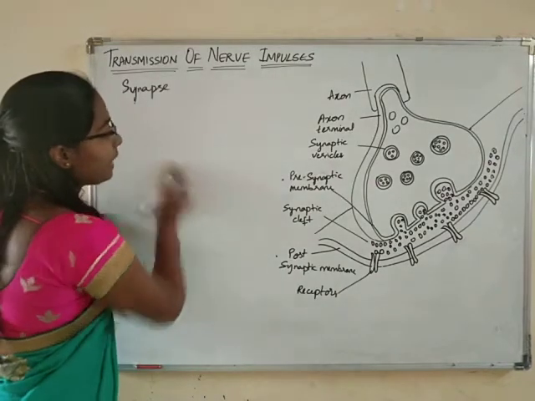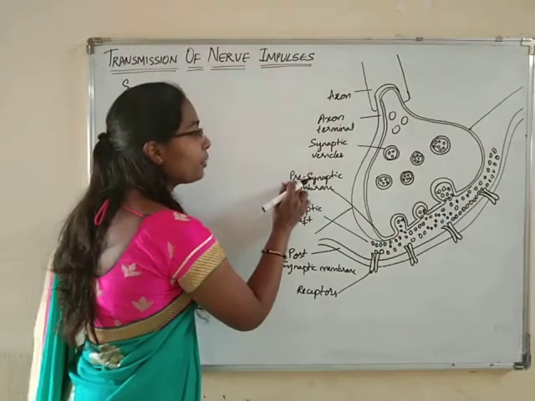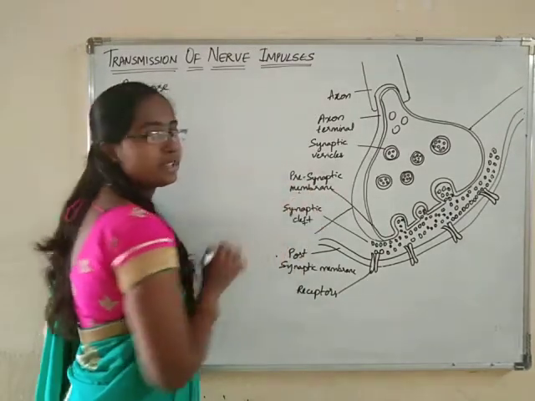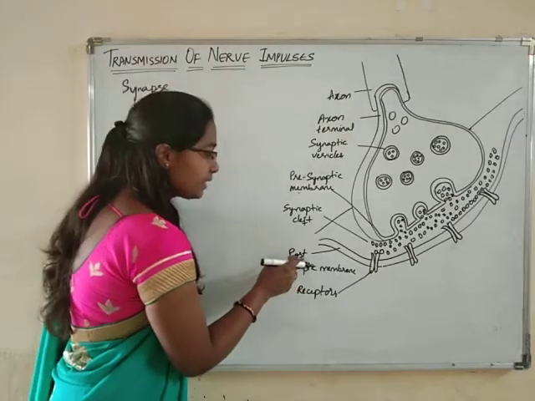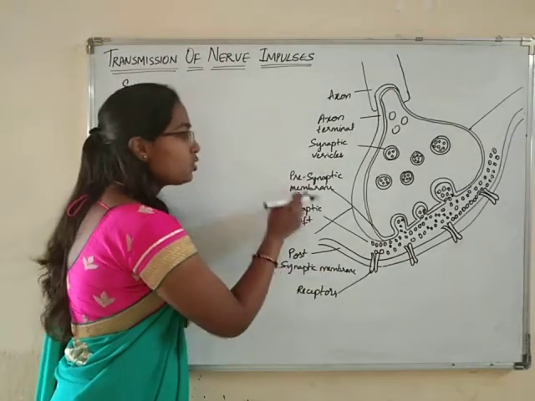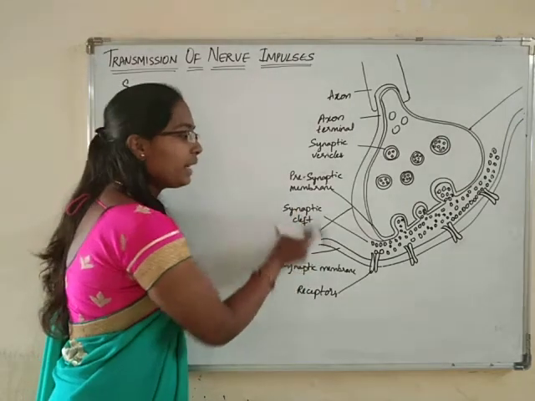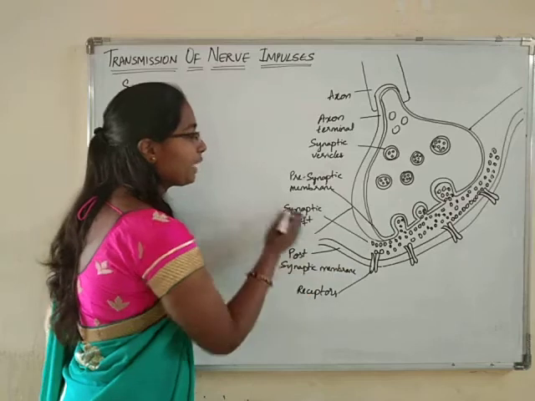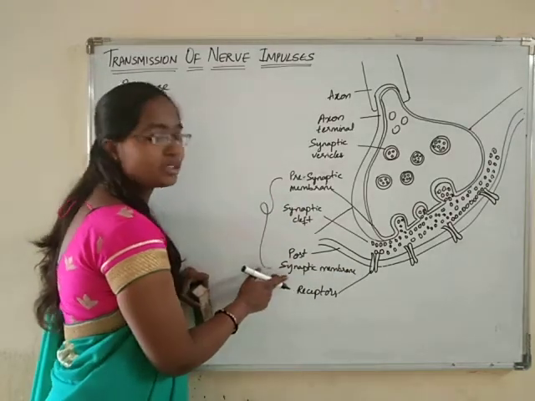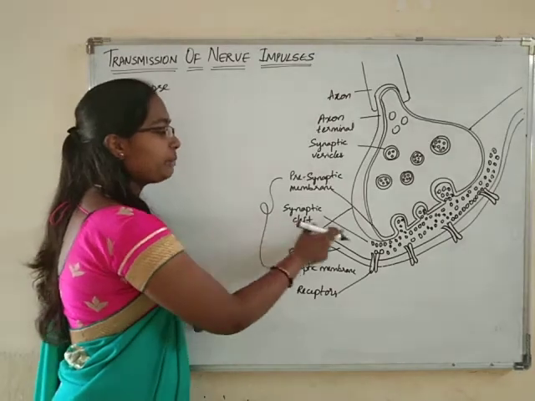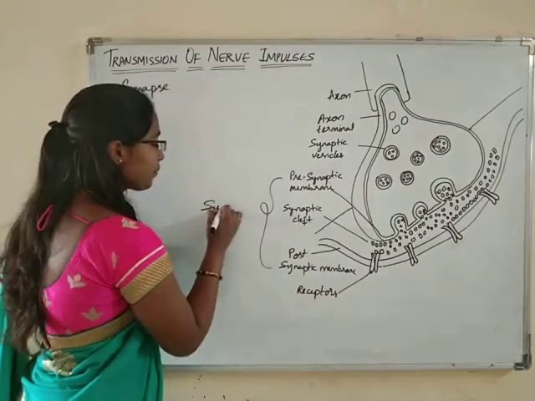Once again, coming back to the concept of synapse: a synapse is formed by the membrane of the presynaptic neuron, that is the presynaptic membrane, and the membrane of the postsynaptic neuron, that is the postsynaptic membrane, separated by a gap called the synaptic cleft. All these three together form the synapse.